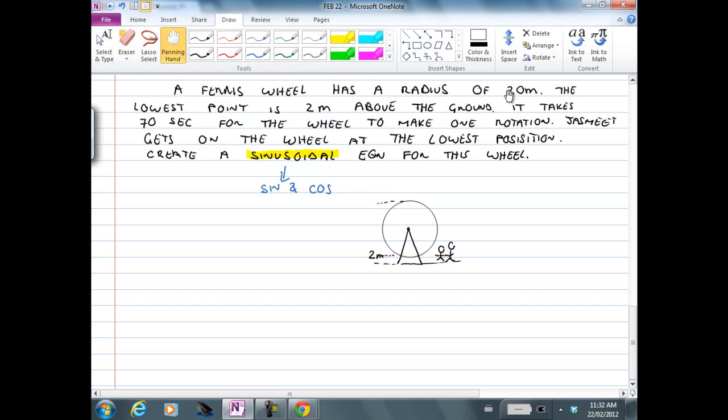Here's another word you need to look at. The radius is 20 meters. See, the radius means 20 meters. So from here to here is 20. Which means if I add another 20 to this, would you agree the highest position is 42? That's the highest position you can go.